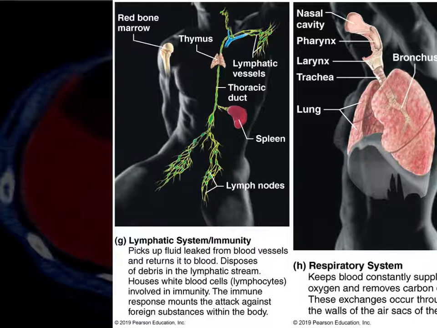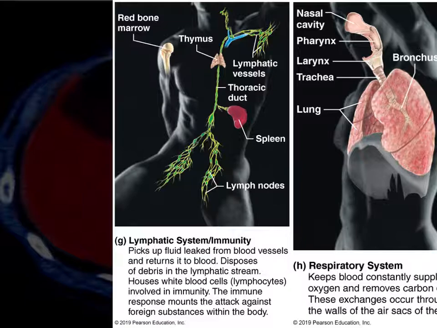What else is going on here? So what's going on is we are picking up, so in the blood vessels, you have these capillary beds. That's where the exchange happens. The blood leaves, you release oxygen, you pick up carbon dioxide, and hopefully you're going to suck up a lot of that extra fluid and send it back to the heart.